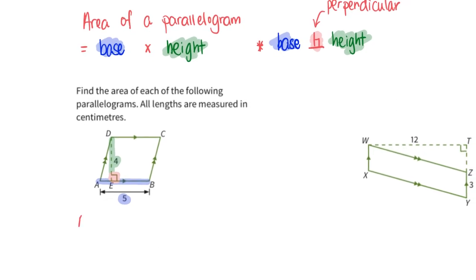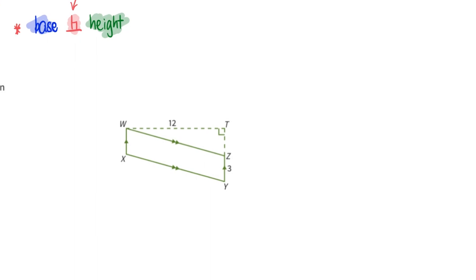So the area here will be equal to 5 multiplied by 4, which is 20 cm square.